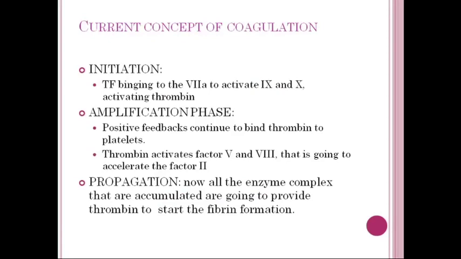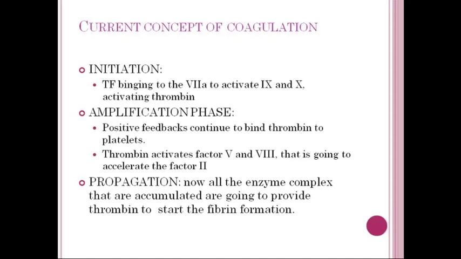Okay, the concept of coagulation is that it's a process that has three main phases: the initiation phase, the amplification phase, and the propagation phase. In the initiation phase, it's going to start when the tissue factor binds to the 7A factor. This binding, this union, is going to activate the thrombin by activating the factor 9 and the factor 10.